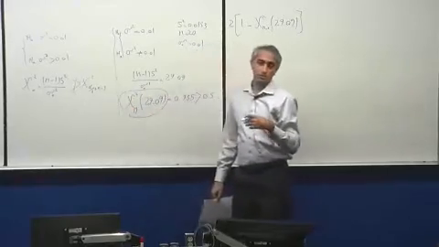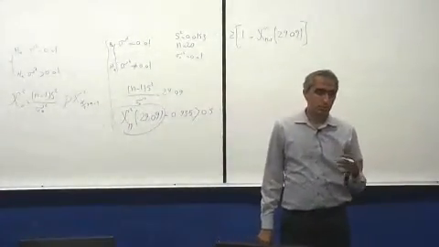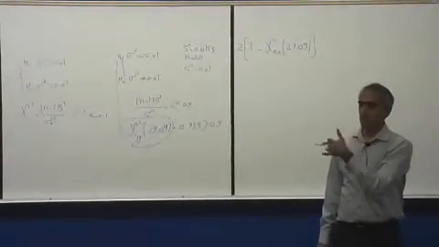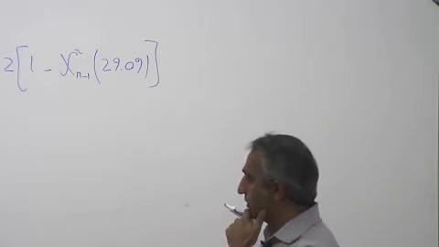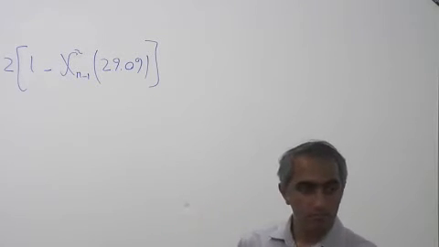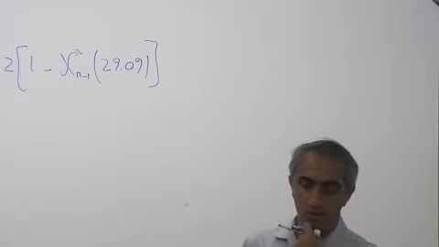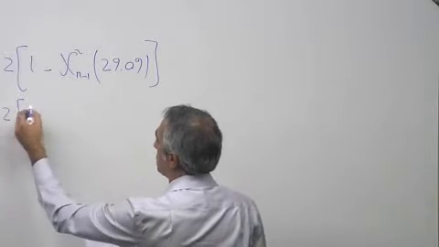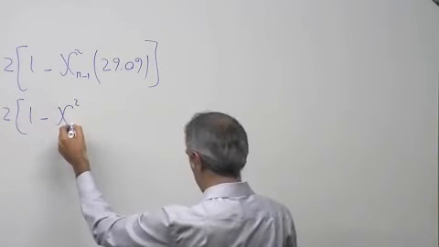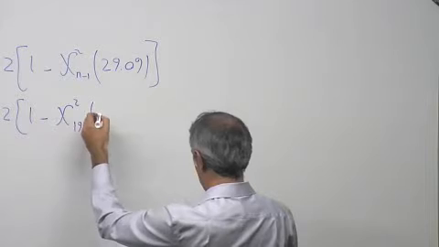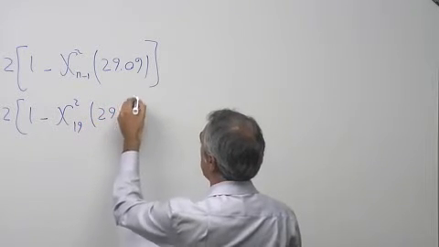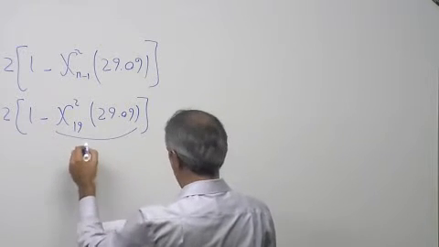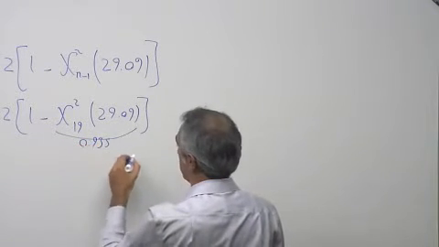This CDF, you cannot find in the table, because the table has only so many values of alpha. But what you can do is use R or MATLAB. Both of them have the CDF for chi-square. So 2 times 1 minus chi-square of 19. And this number, again, is 0.935.